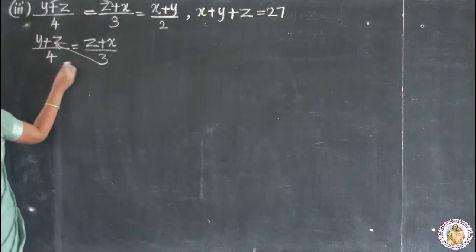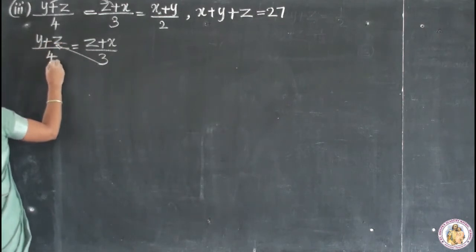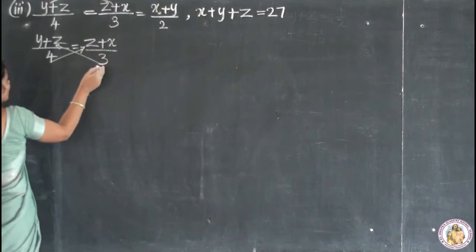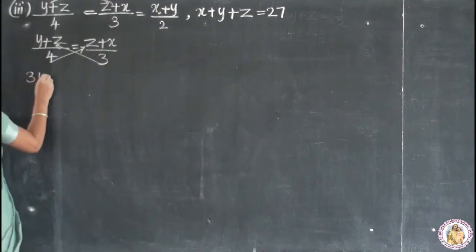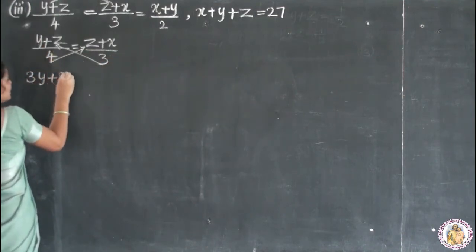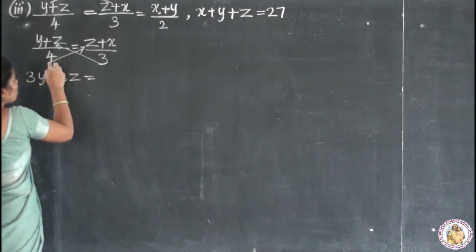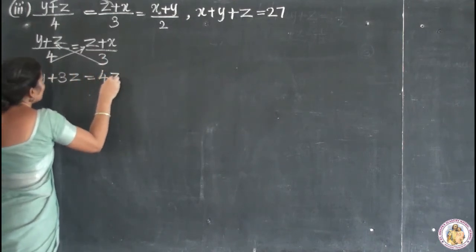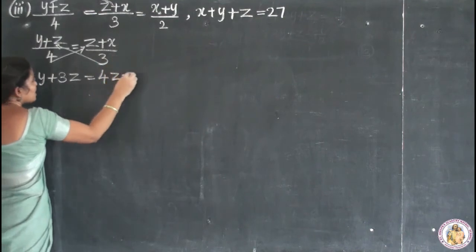Multiply with 3 in the left hand side and with 4 to the right side. 3 into y, 3y plus 3 into z, 3z is equal to 4 into z, 4z plus 4 into x, 4x.